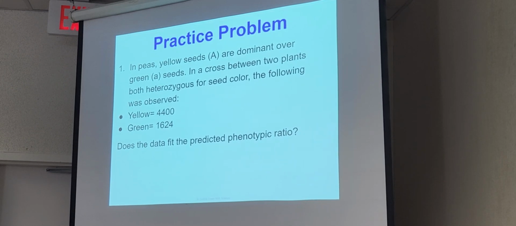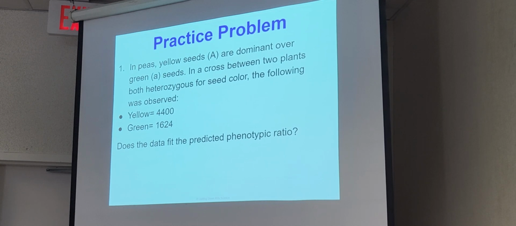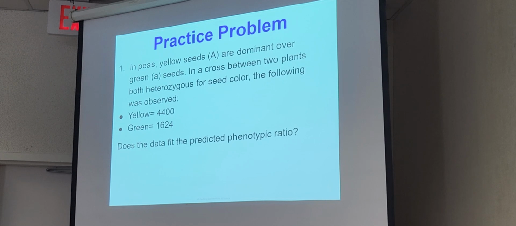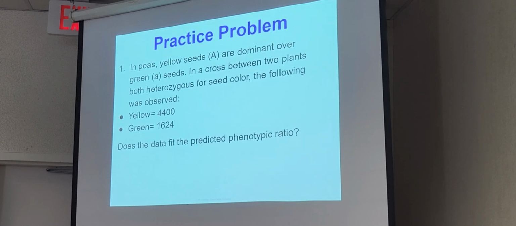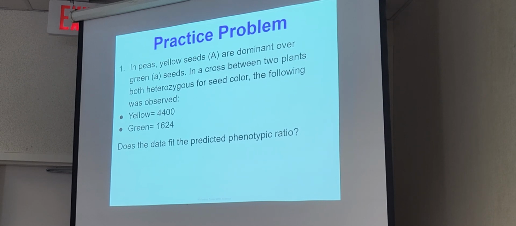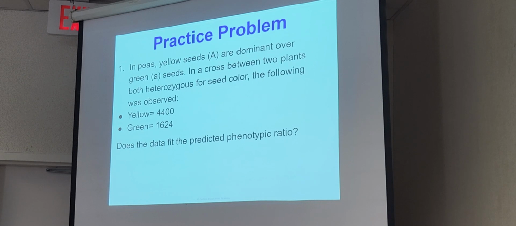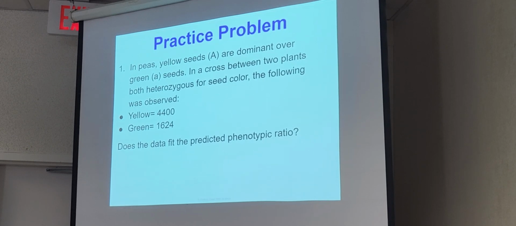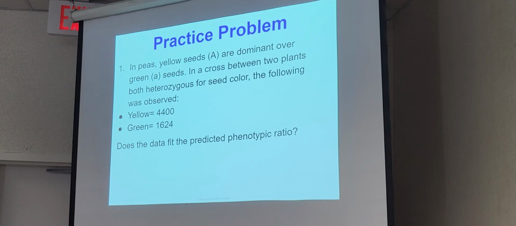What do we expect? Oh, wait, don't do that, I'm sorry. I wrote the wrong number down. We have 6,024 total. So out of the total, we expect 75% of that to be this and 25% to be this, right?